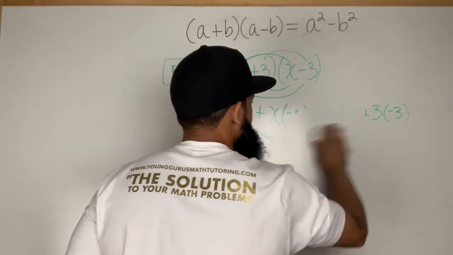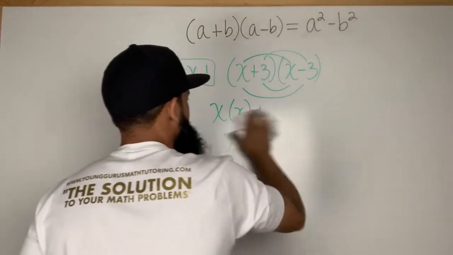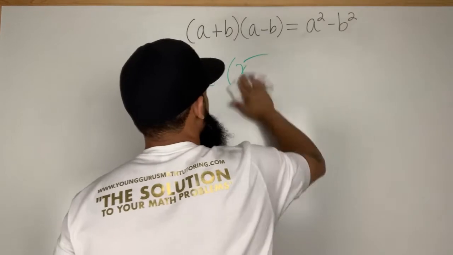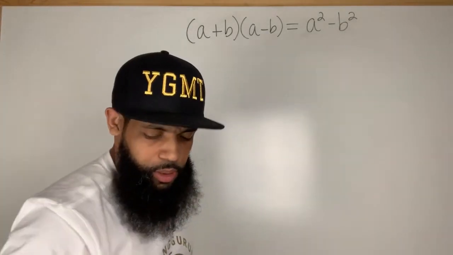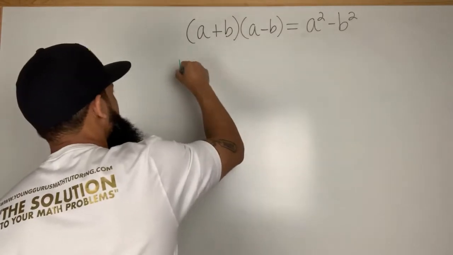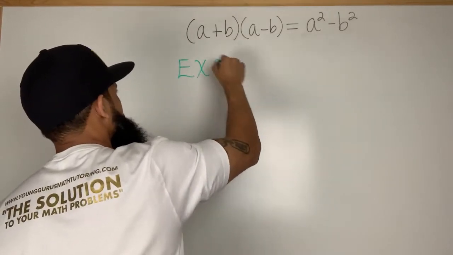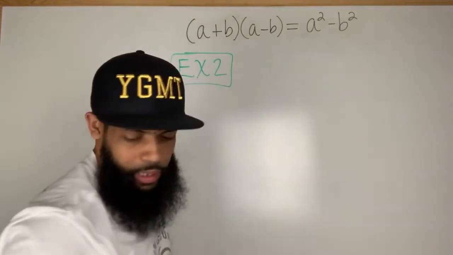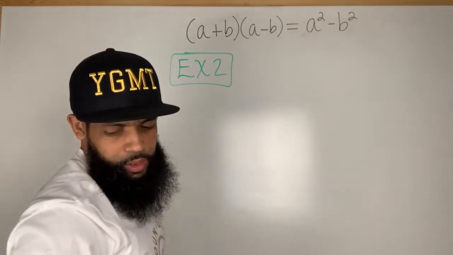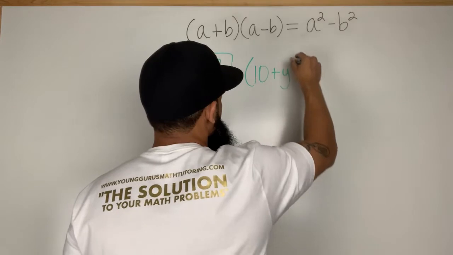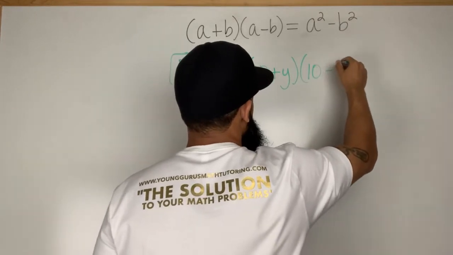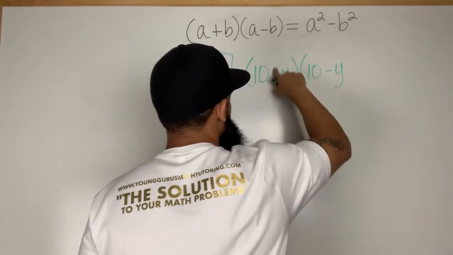So the next example, I'm not going to go through all of that FOIL method or double distribution. I'm going to go straight to a and b. So example 2, I have 10 plus y times 10 minus y. And actually, let's make it interesting.